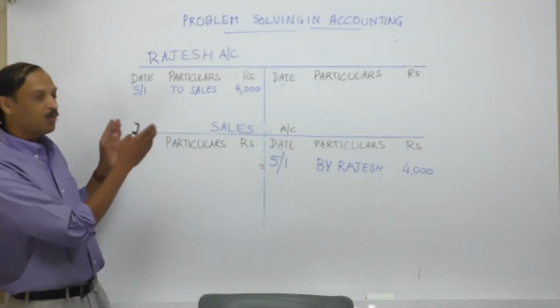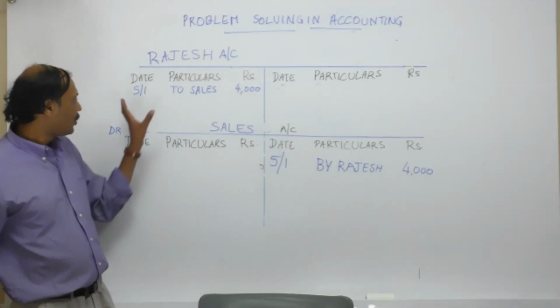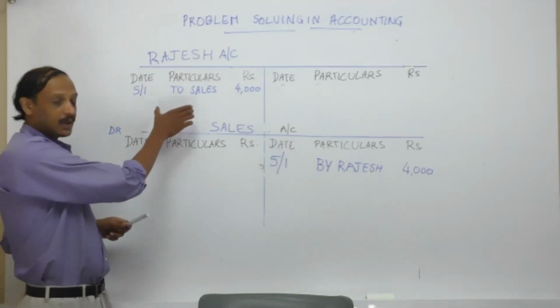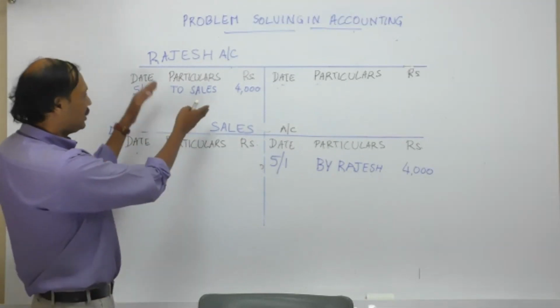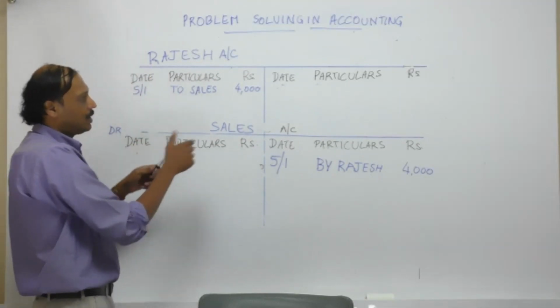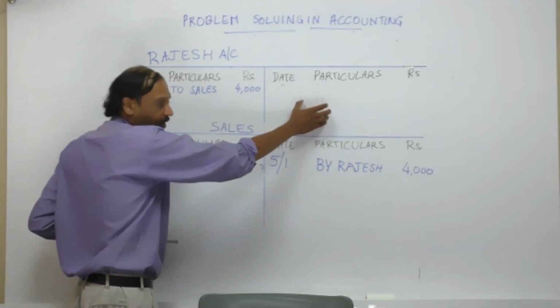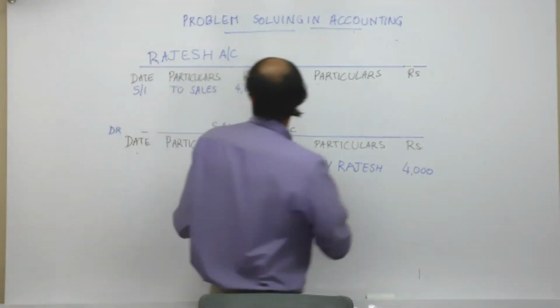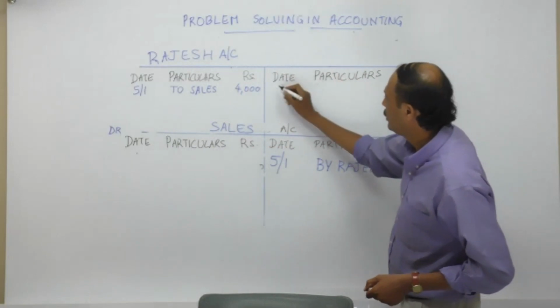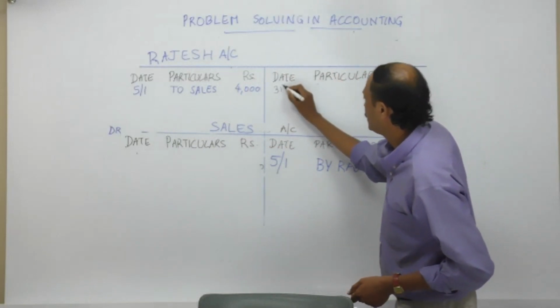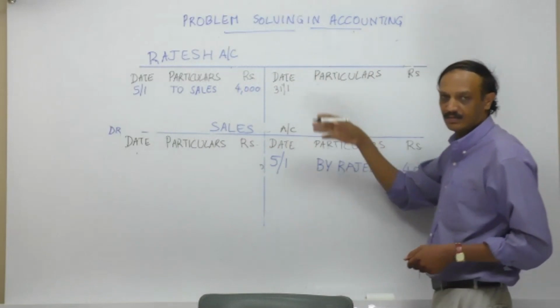So you have seen how to post this transaction into the ledger. Once you have done this, you need to close this ledger balance. Now, how would you do it? Here, the debit side is more. The debit side should be equal to the credit side. So if there are no further transactions on this account, you could go to the last day of that month.